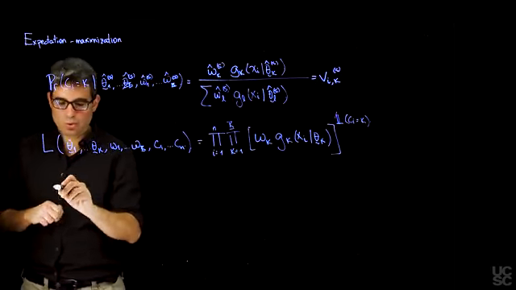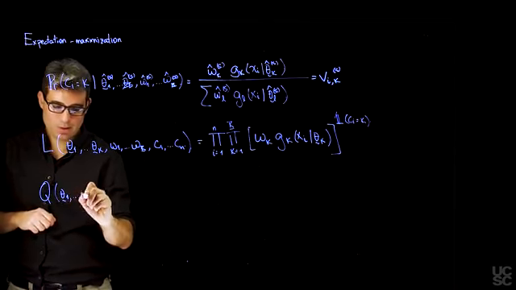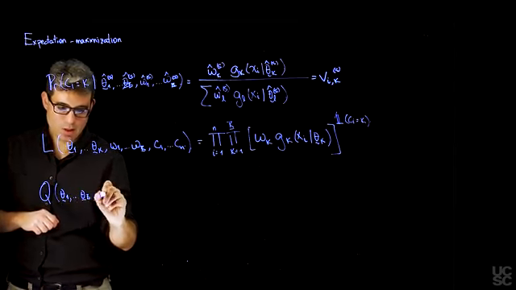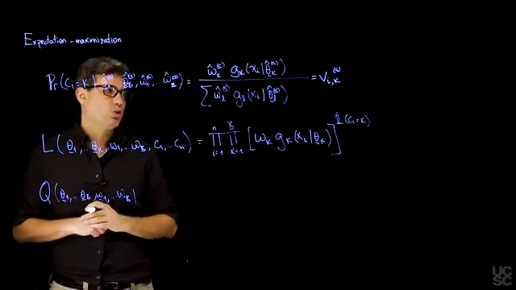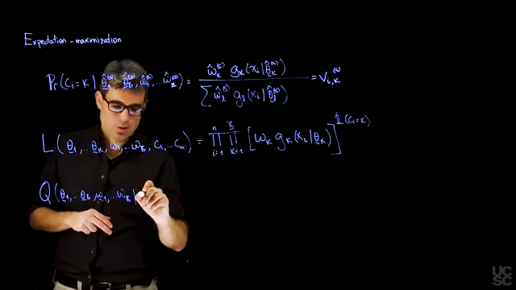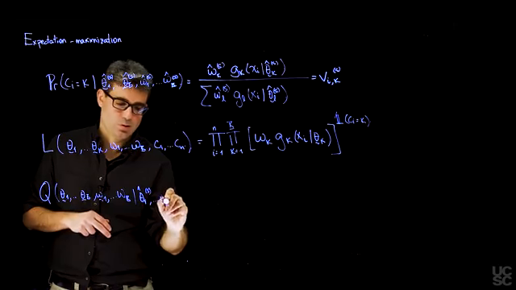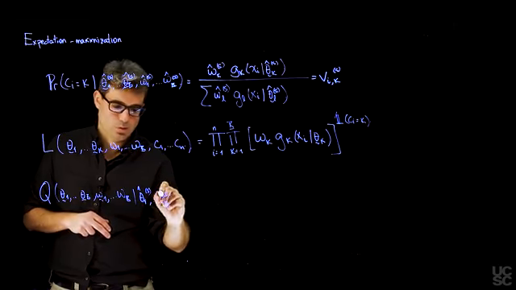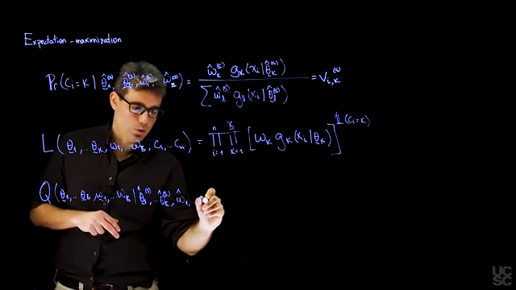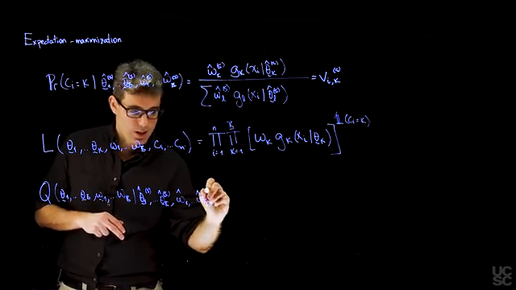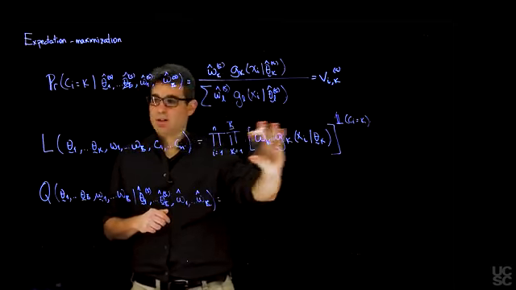So what we need to do to construct the Q function, which is a function of the thetas and the omegas conditional on the current value of the parameters theta 1 hat all the way to theta K hat and omega 1 hat all the way to omega capital K hat, we are going to need to take the expected value of the logarithm of this expression.